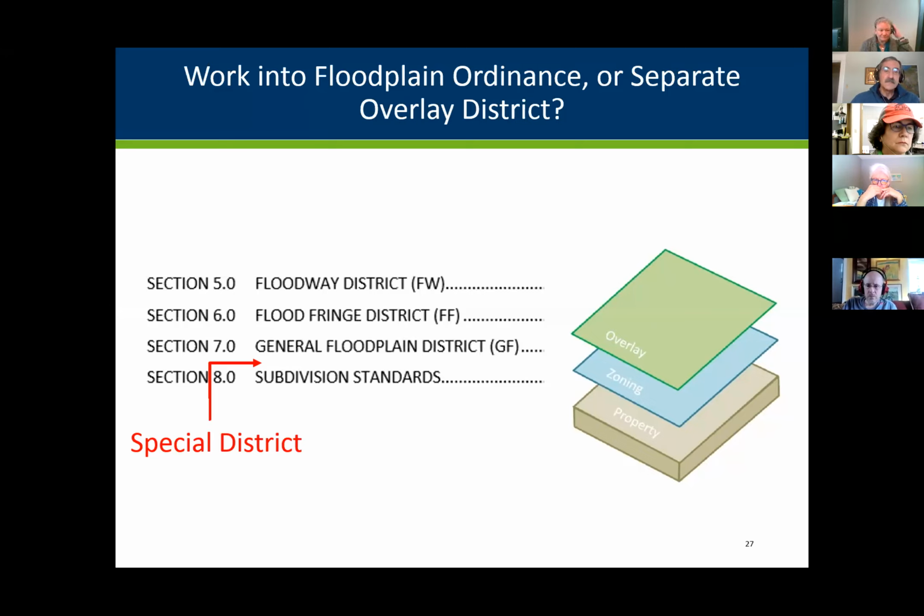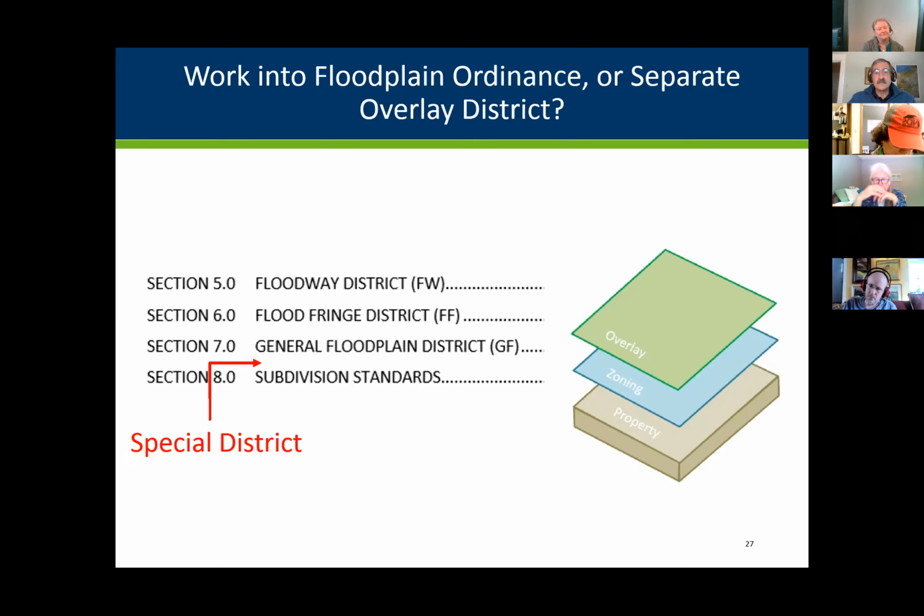Since when you insert it into a floodplain ordinance, you're also taking on all the nonconformity restrictions for substantial damage and substantial improvements. You have to do evaluations after disasters and that sort of thing.